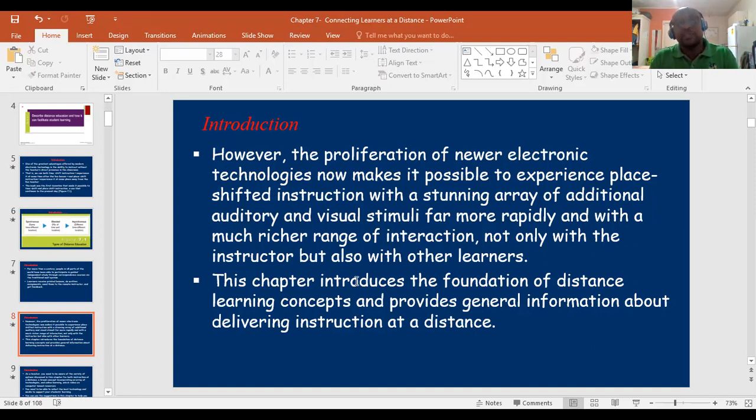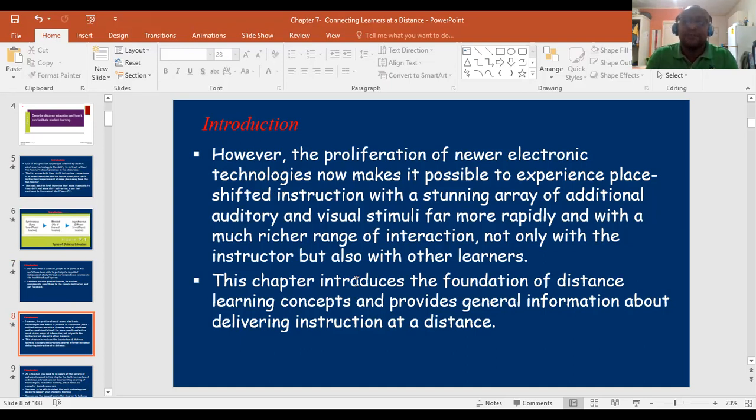So you see, with the emergence of different types of technologies, now we are able to interact with one another, even at the same time, in different locations, and still be able to succeed in the instruction that has been planned.